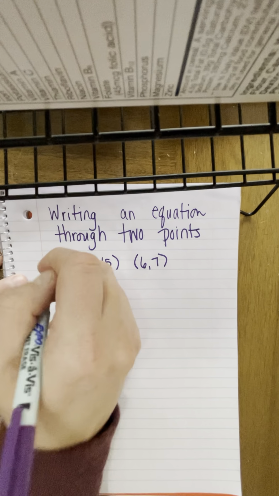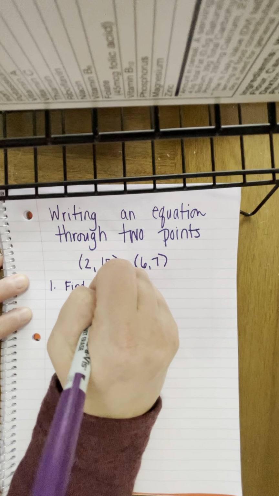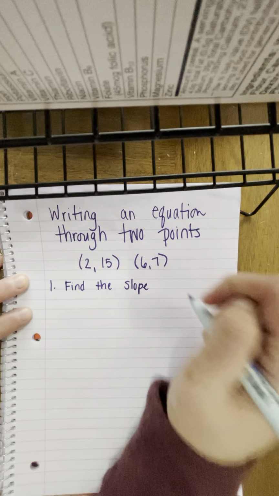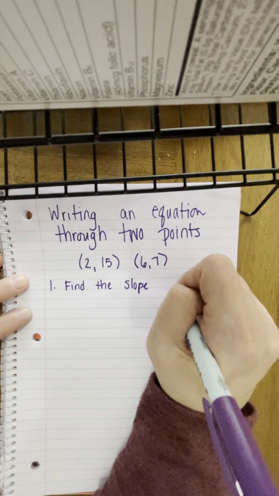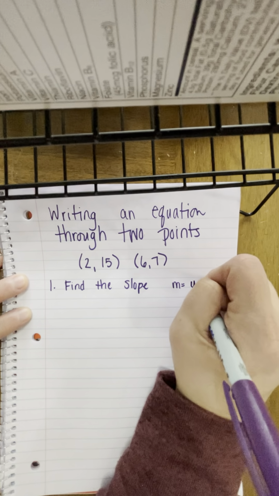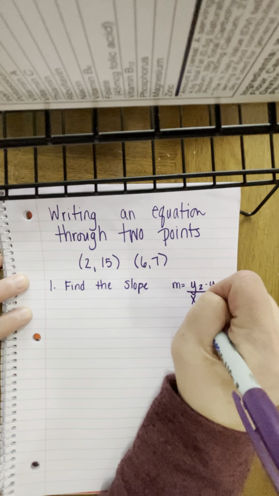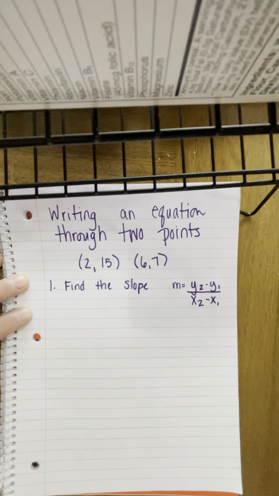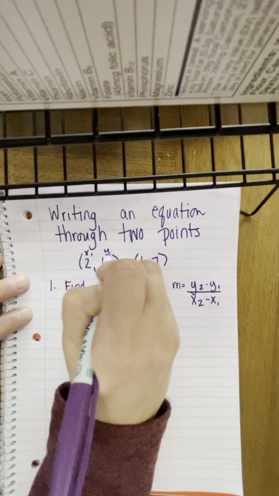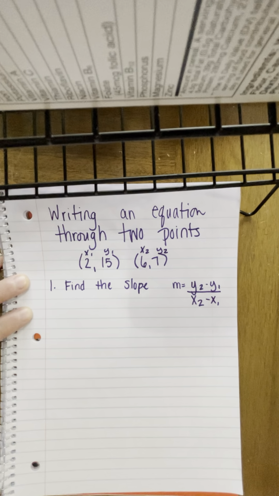So the first thing you need to do when finding an equation through 2 points is find the slope. And remember, this is from the other video. You use the formula y2 minus y1 over x2 minus x1. This is x1, y1, x2, y2.